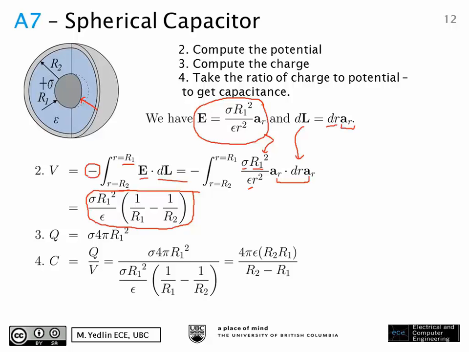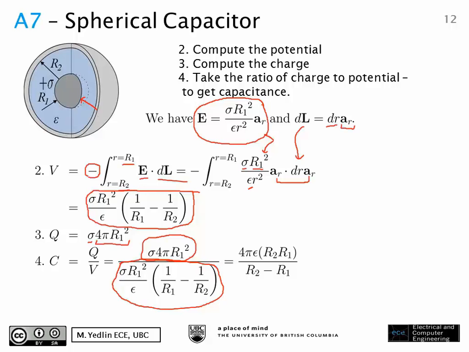Charge on the inner spherical surface is charge density times the area of the inner spherical surface, which is 4 pi capital R1 squared. Substitute in. There's the Q. And there's the V. And as always, the sigmas cancel out, and we get 4 pi epsilon R2 R1 divided by the difference.